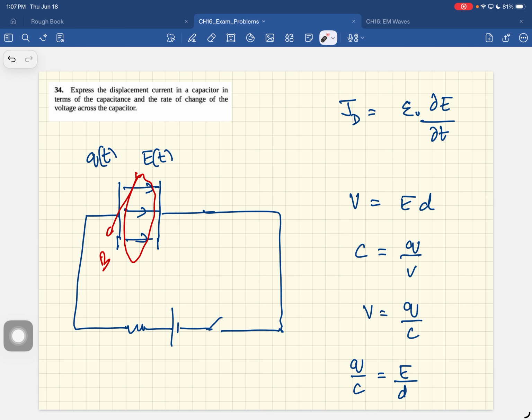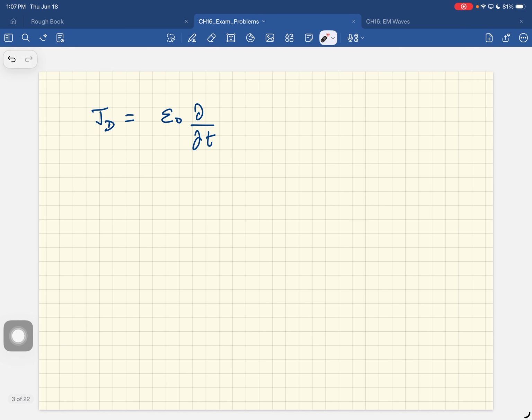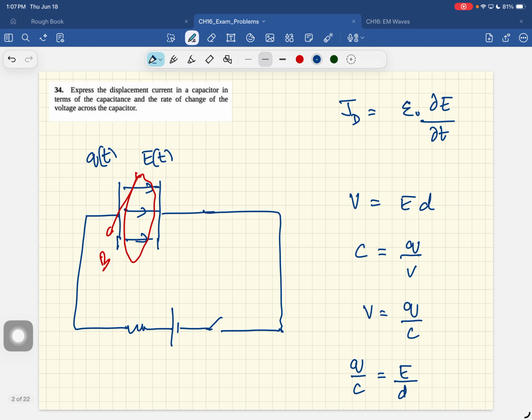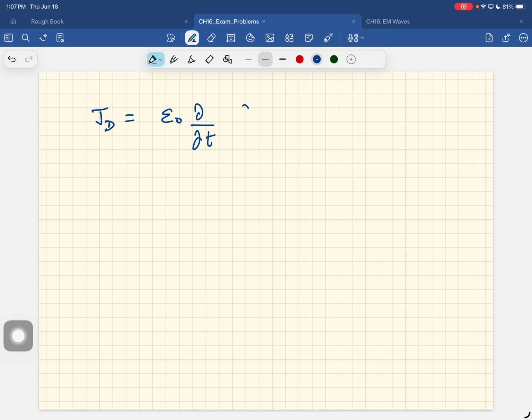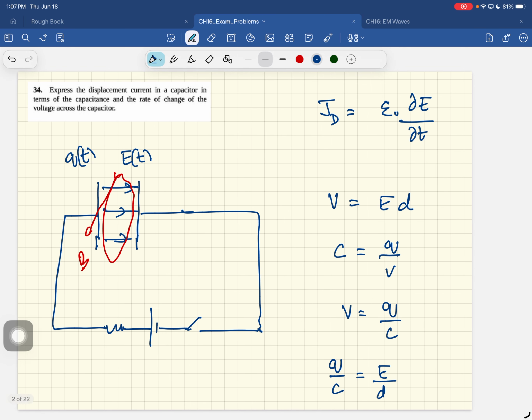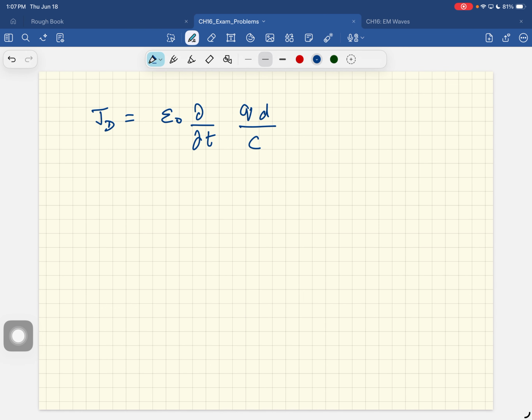Okay. So the displacement current is given by the capacitance times del V by del T. And this is a parallel plate capacitor. The capacitance is epsilon naught area by D. So this is given, and that's given.